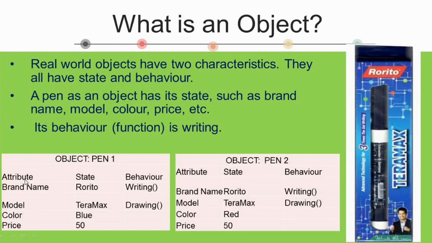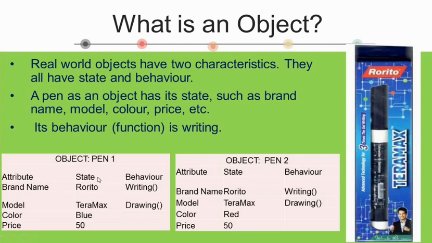So an object has these three things. It has attribute, it has state, and it has behavior. Now what is an attribute? Attributes are the properties of that particular object. For example, for this pen object, the attribute can be the brand name. Now this brand name has a value, right? This Rorito is the value of this brand name. If I ask you what is your age, then age is your attribute.